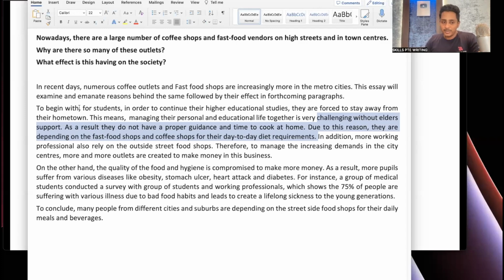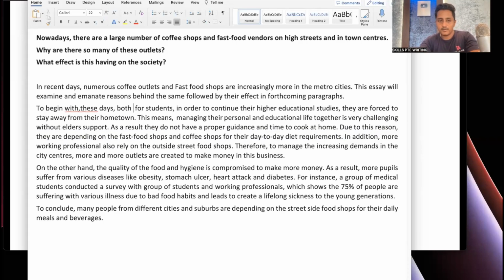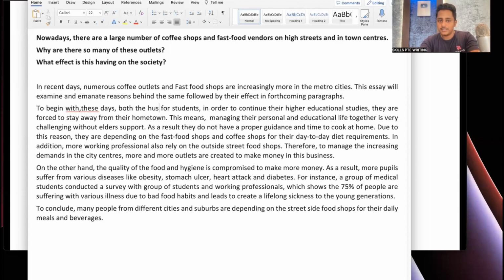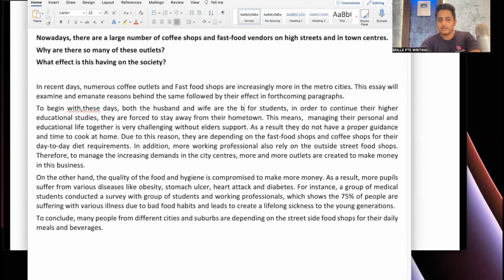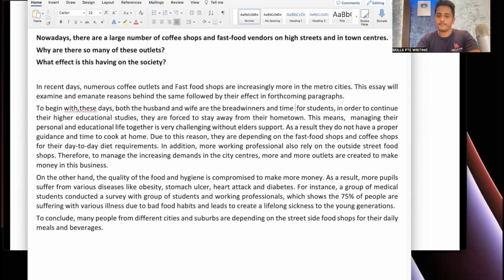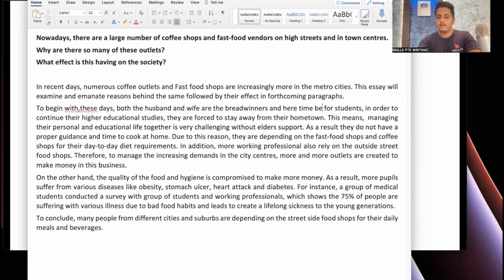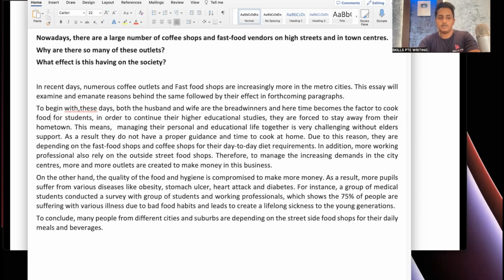So, I mean, parents, in order to dream that, it's not fitting in. Probably he could have written: to begin with, these days both the husband and wife are the breadwinners, and here time becomes the factor to cook food.